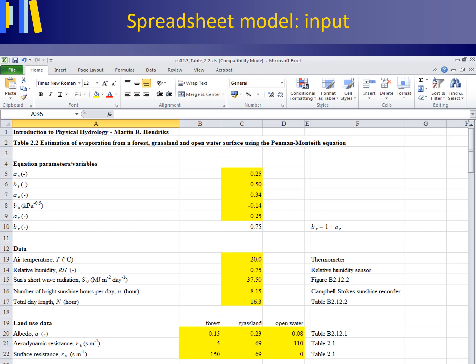The spreadsheet allows you to insert input values on meteorological data, such as air temperature, relative humidity, sun shortwave radiation, number of bright sunshine hours per day, and the total day length, and land use data, the albedo, the aerodynamic resistance, and the surface resistance for forest, grassland, and open water.